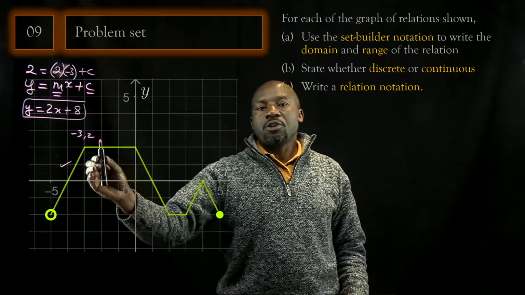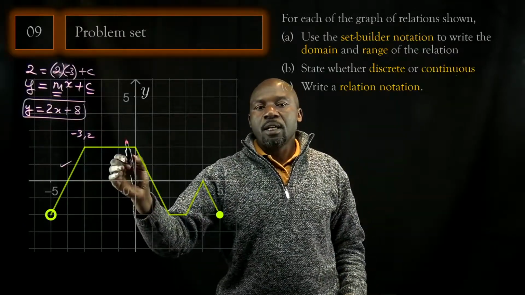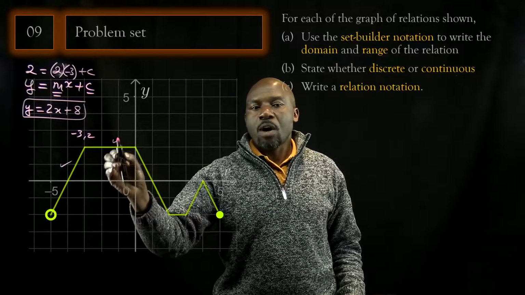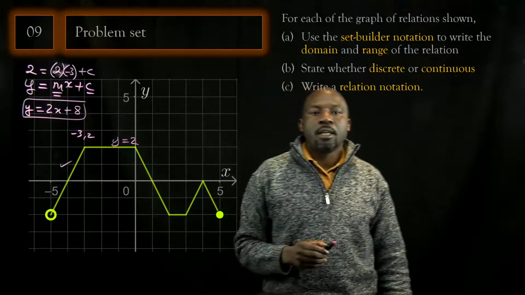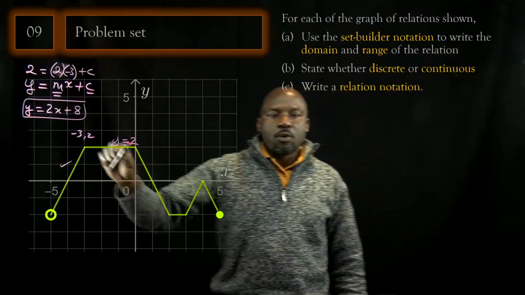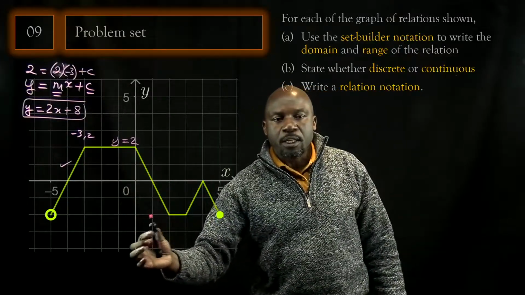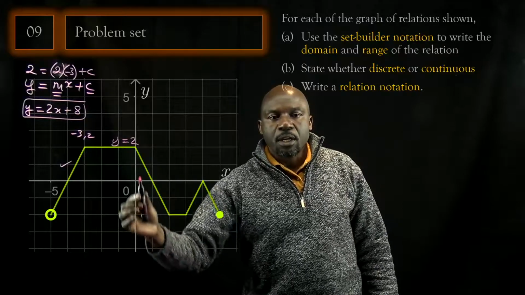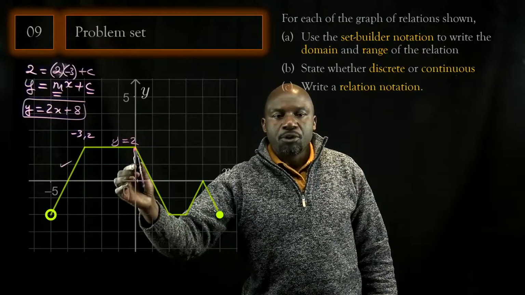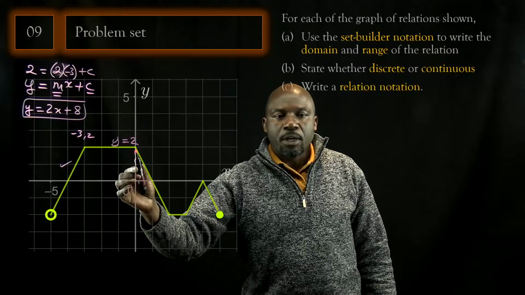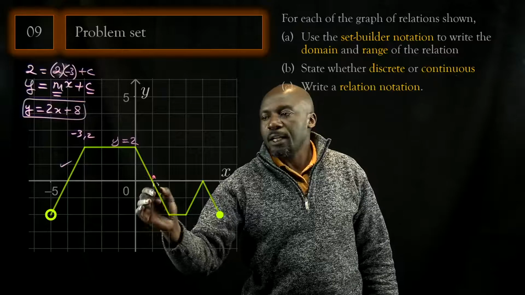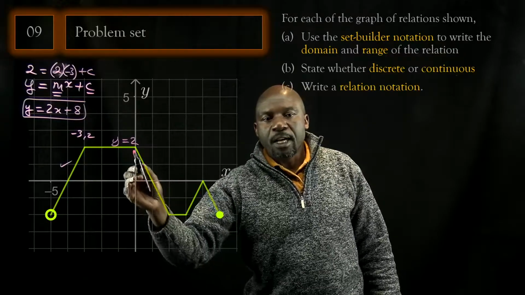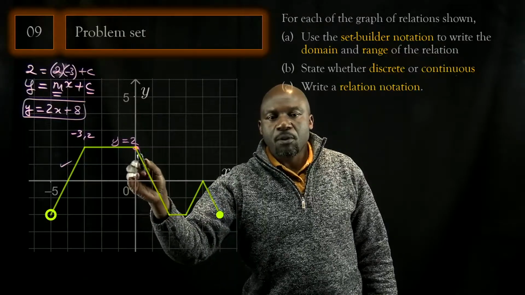Okay, what's the equation of this line? That's straightforward. This is a horizontal line, y is 2. What's the equation of this line here? You can see the change in y is -4 divided by 2, so the gradient of this line is -2, and the line passes through 2 on the y-axis.